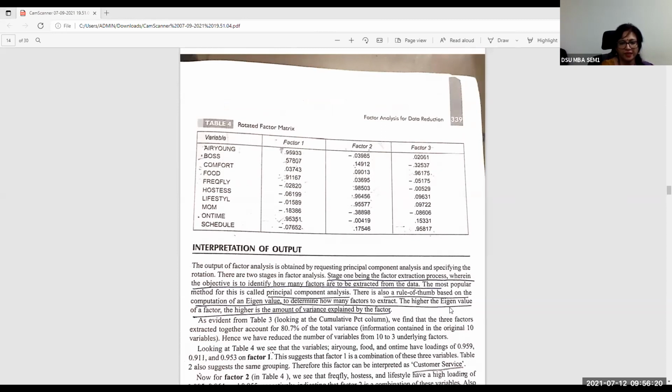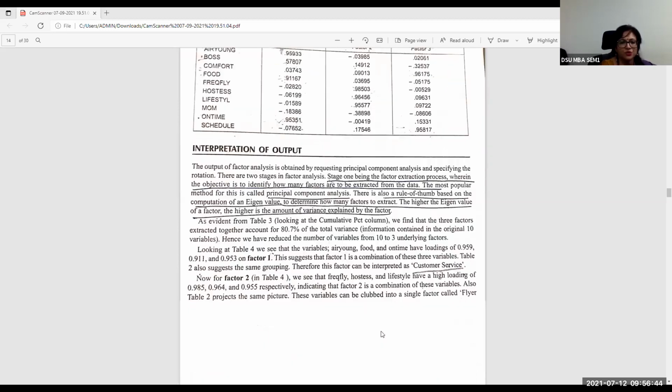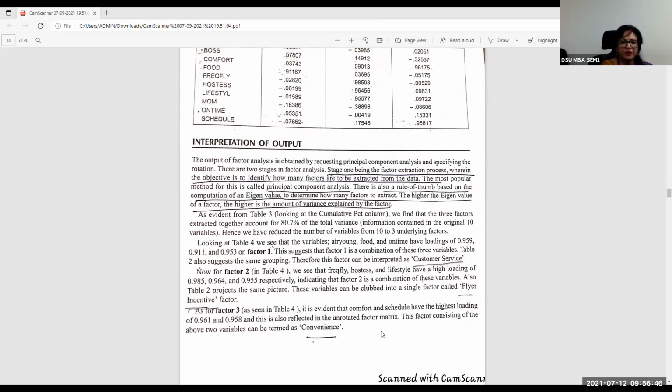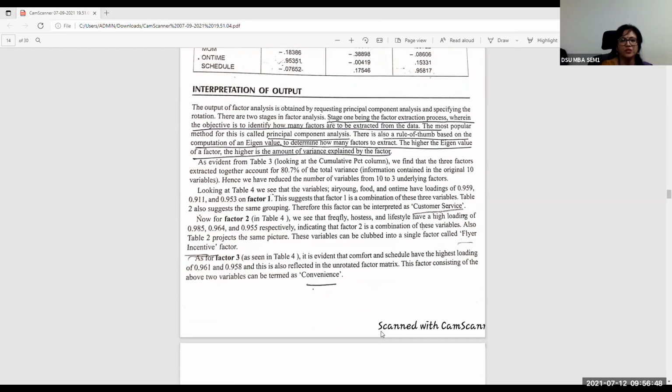You should be able to read the eigenvalue, select the factors having eigenvalue of more than one, read the rotated factor matrix, and select the variables in each factor which have a high coefficient in the factor. The coefficients will range from -1 to +1, but you have to select positive coefficients in each of the factors. After you do this, the rest of the interpretation of output is what I've explained.